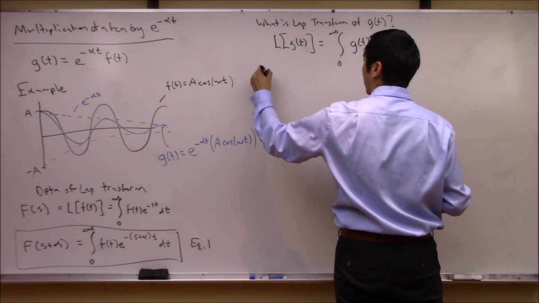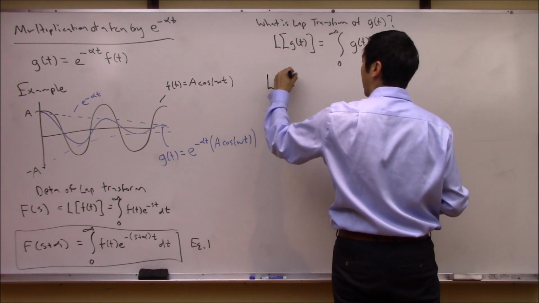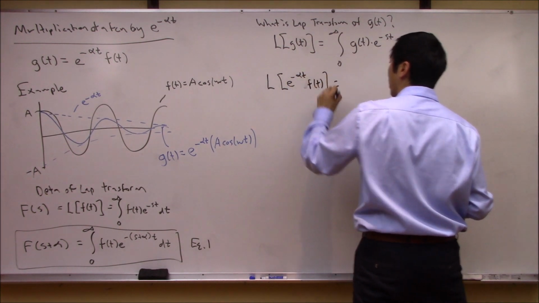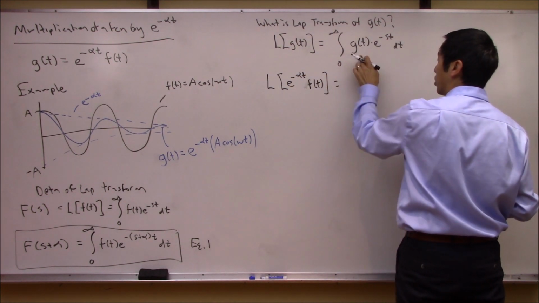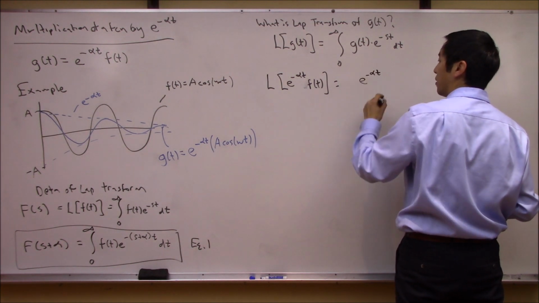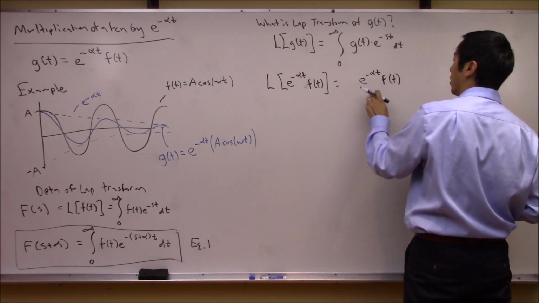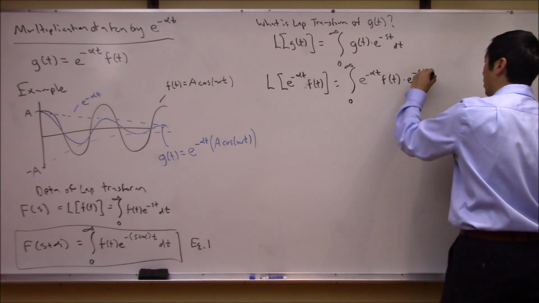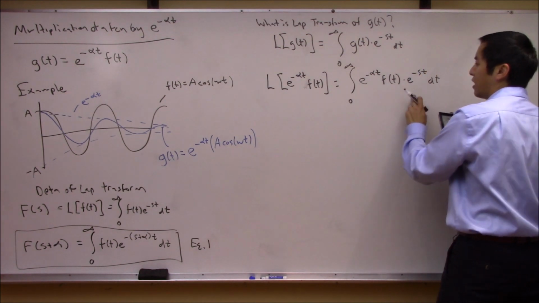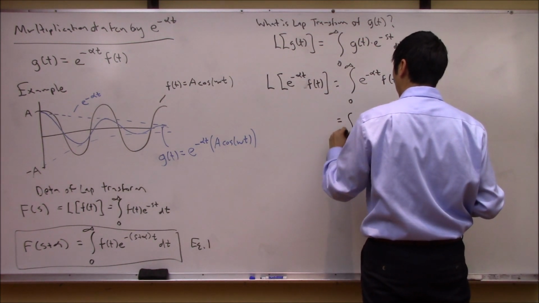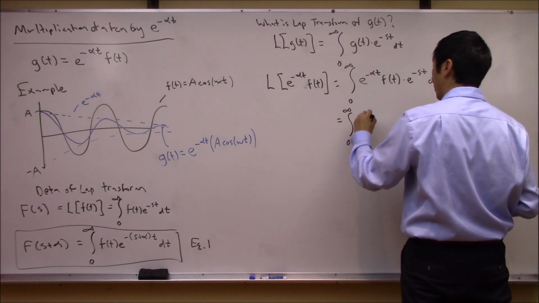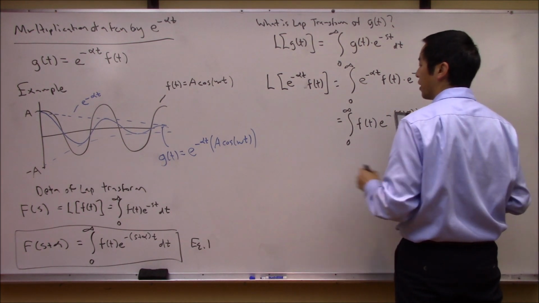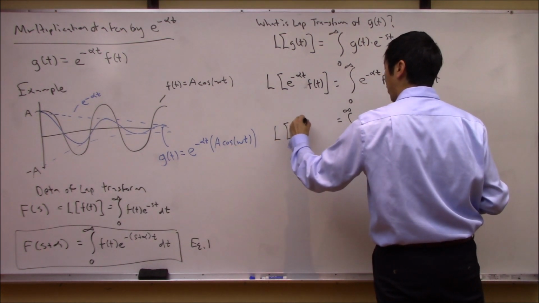So I multiply by e to the minus st and integrate from 0 to infinity dt. Notice now I can combine these exponents to end up with the integral from 0 to infinity of f of t e to the minus s plus alpha t dt. So this is the Laplace transform of e to the minus alpha t f of t.